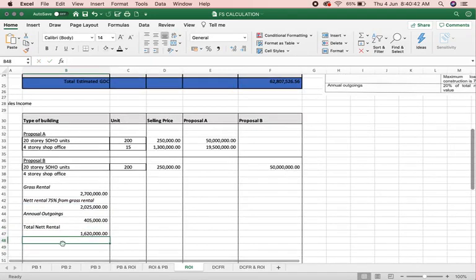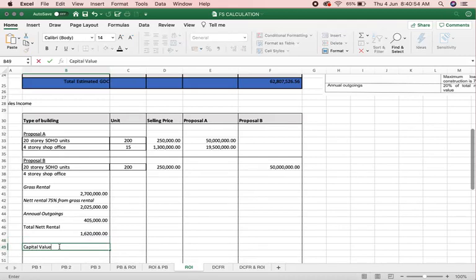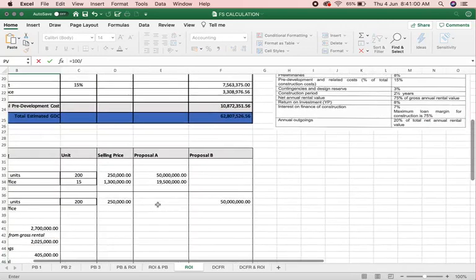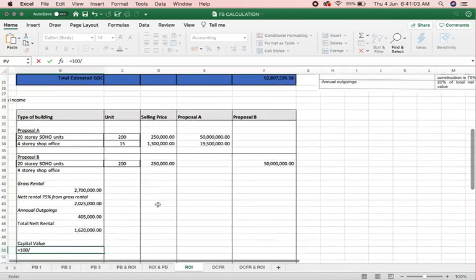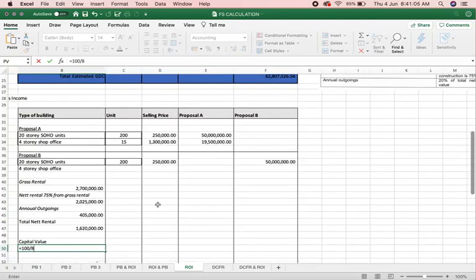Then we use the formula to get the capital value, which is 100 over R. So for our capital value, 100 divided by R, what is the R? The return is 8, so 100 over 8 is 12.5.